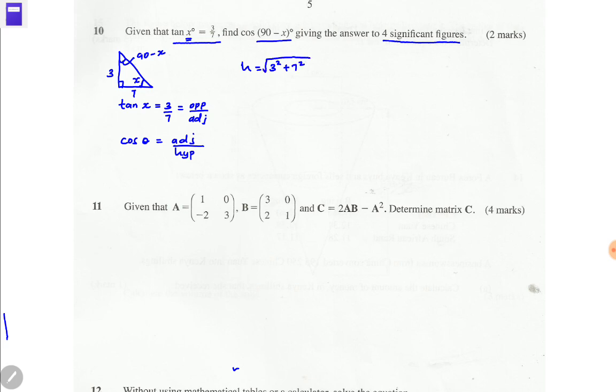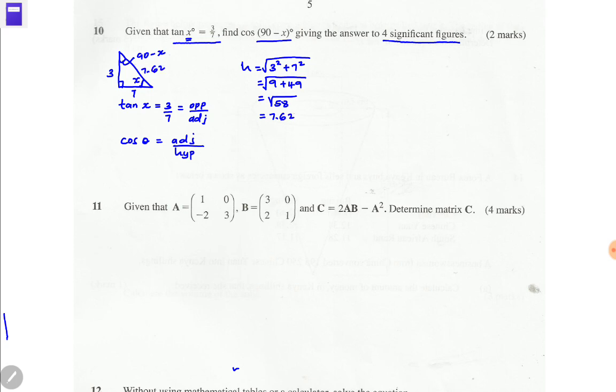This is equal to the square root of 9 plus 49, which is the square root of 58, and this is equal to 7.62.